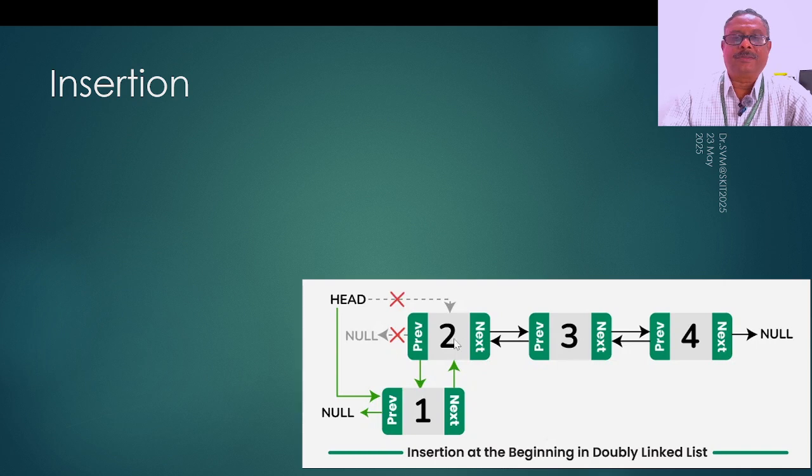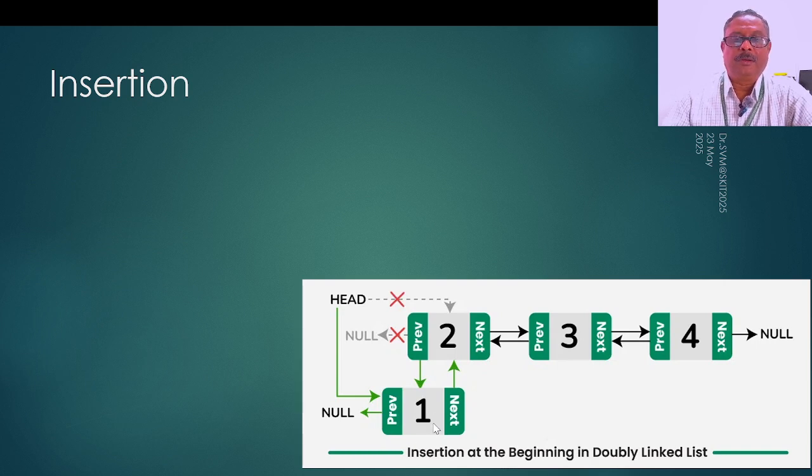So before insertion, we had a linked list. Head was pointing to the node with value 2, and the previous of the node with value 2 was pointing to null. That means there was no previous. So what are the activities to be done?